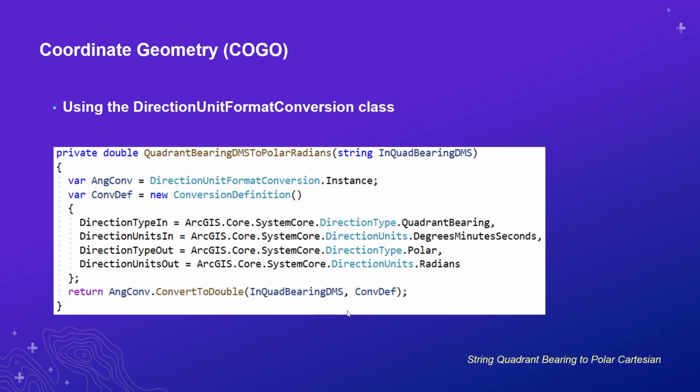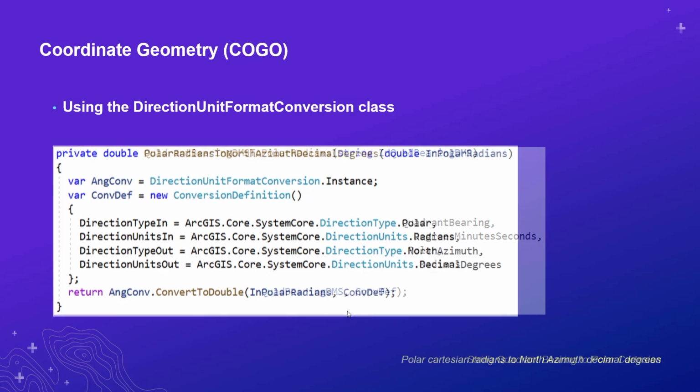This is a function that will be used quite a lot because the geometry engine uses polar radians for its directions. And then you call convert to double, and you pass in the string, and you pass in the conversion definition object, and you get back the double in polar radians in this case.